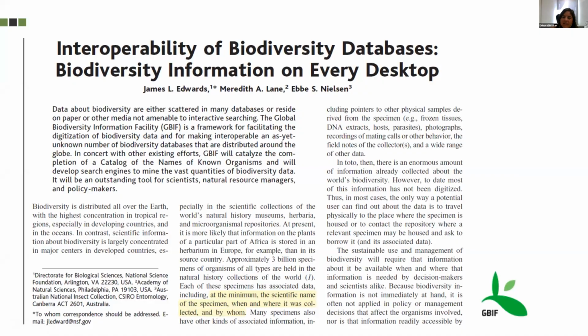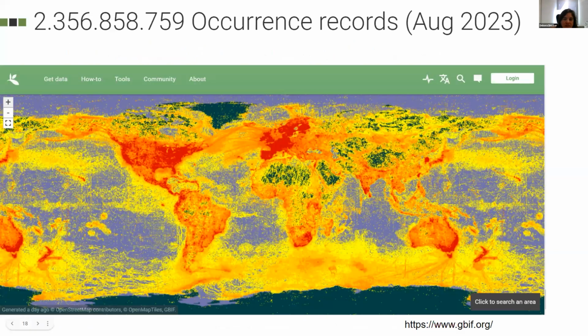And we can really say that it was a revolution, because today we have more than 2 billion occurrence records in GBIF. I checked this last week, and it's really an amazing job. We really have a huge amount of data gathered by GBIF on biodiversity.